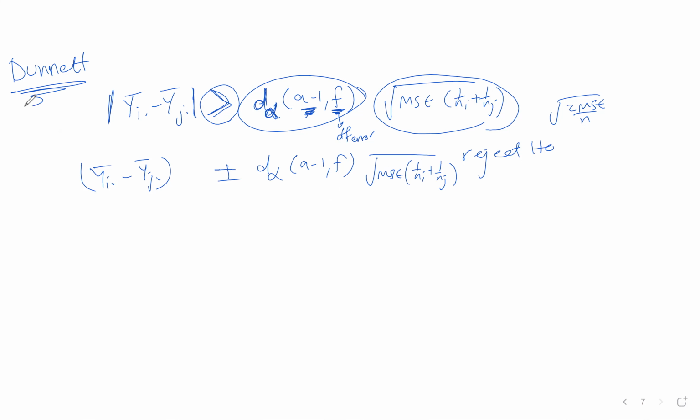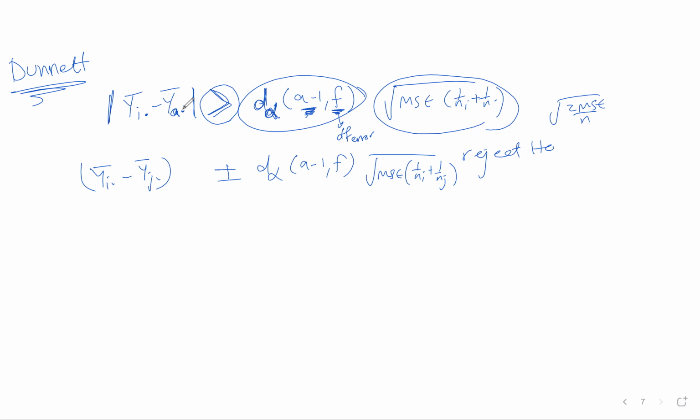So I need to change J to be A, assuming A is the control group. So I need to change Y, it will be yi dot bar minus ya dot bar. Assuming A, the last one, is the control.